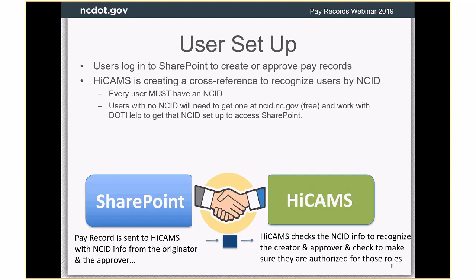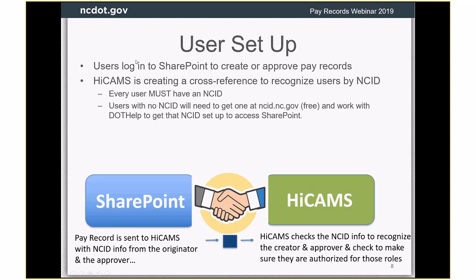Some people have a HighCams username if they actually log into HighCams and do things, and other people would be known to HighCams by your technician ID. So your RD1 number if you're a roadway inspector or whatever technician number that you have that HighCams knows you by, that's what we need you to put in that field.